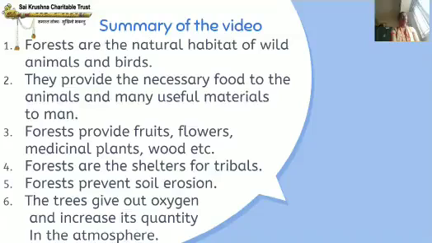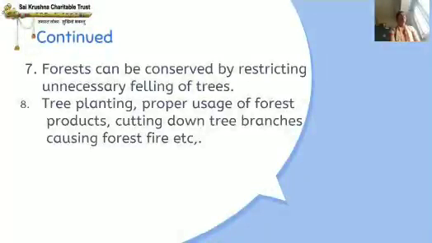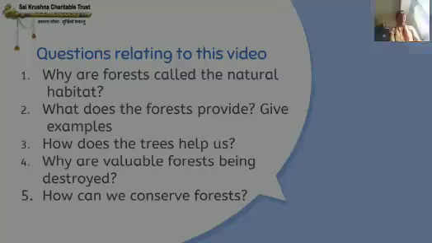Forests prevent soil erosion. The trees give out oxygen and increase its quantity in the atmosphere. Forest can be conserved by restricting unnecessary felling of trees, tree planting, proper usage of forest products, and avoiding cutting down branches and causing forest fire, etc.